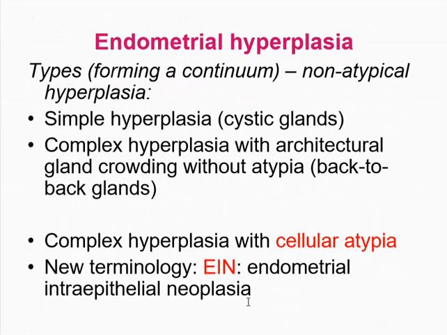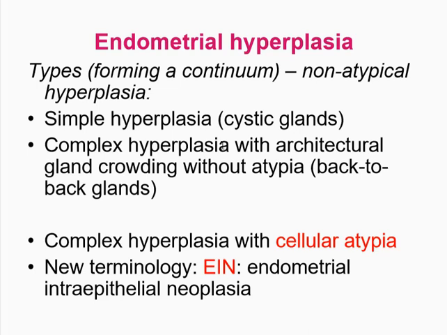There are several types of endometrial hyperplasia. One of them is simple hyperplasia, which is characterized by a thickened endometrium, which can be detected and measured by ultrasound. This is composed of cystically dilated glands. And there is also complex hyperplasia.